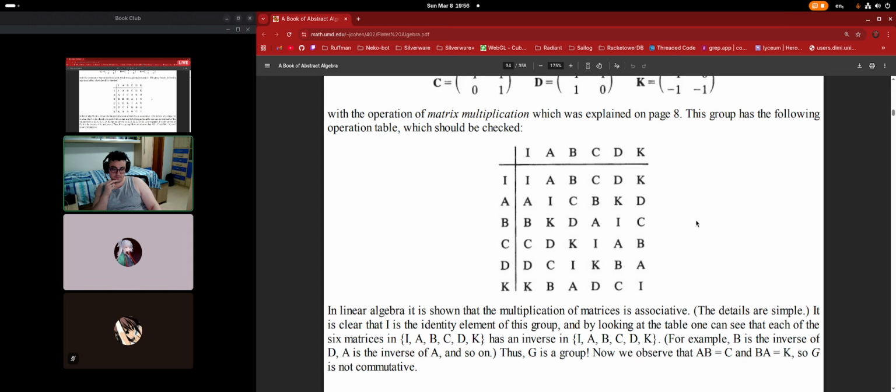Exactly. Yeah, this is clearly true for this table, right? For every combination of elements, you can get another one by multiplying by something.